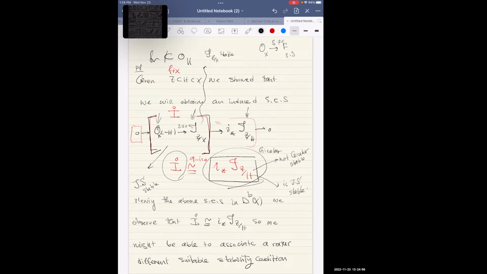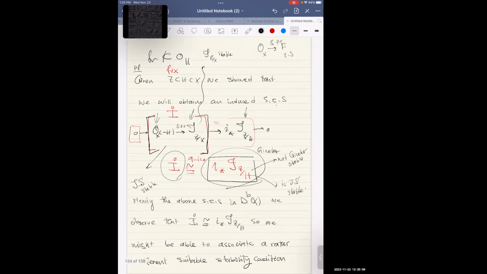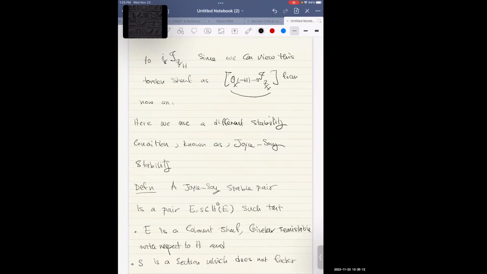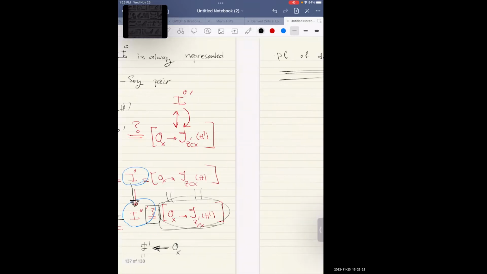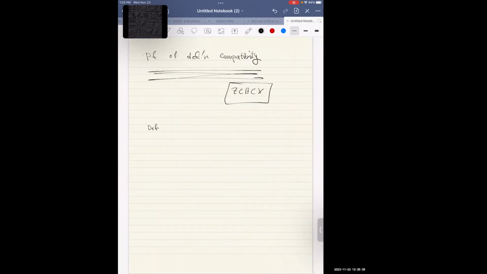That means that if I deform, I want to make sure that the push forward of the ideal sheaf of Z inside H is always the same as the deformation of OX minus H to I and Z in X.